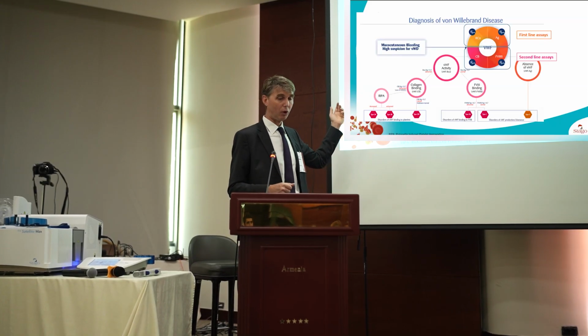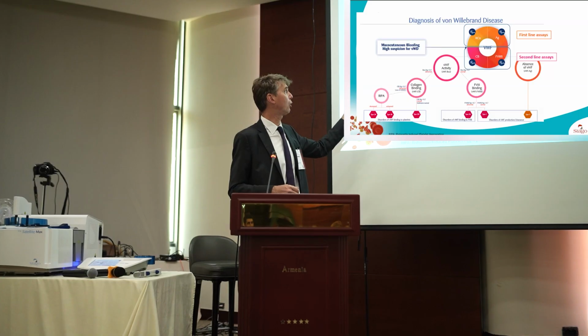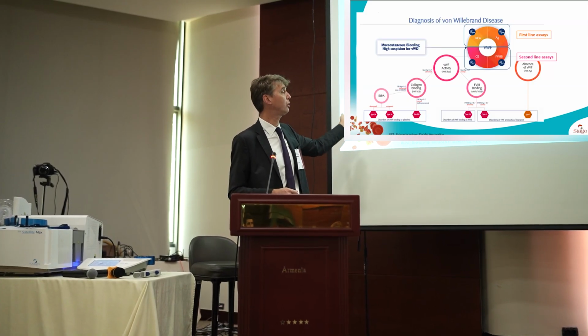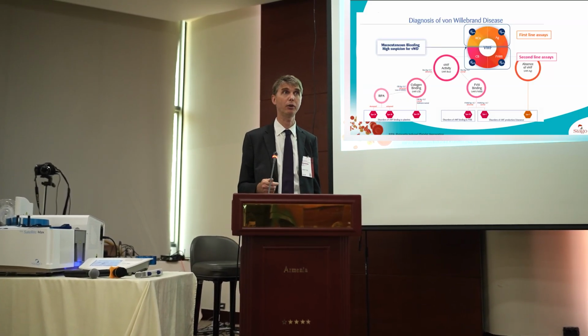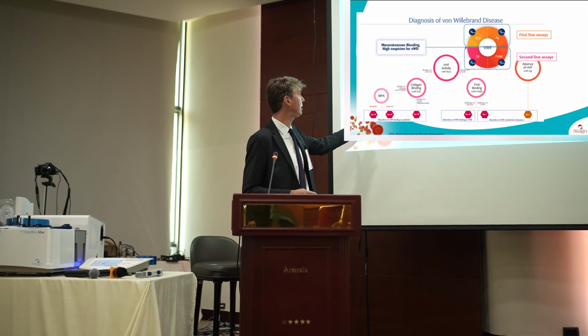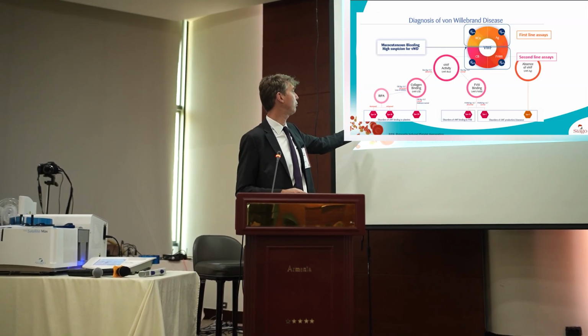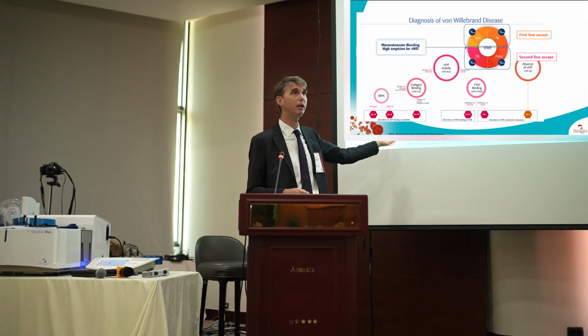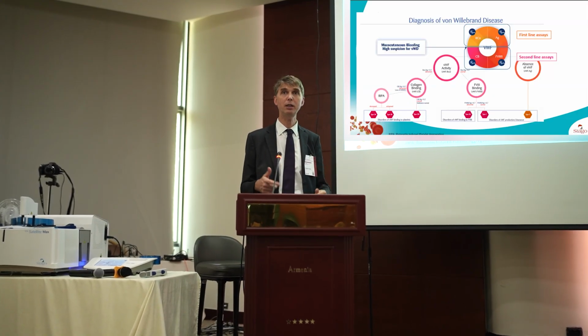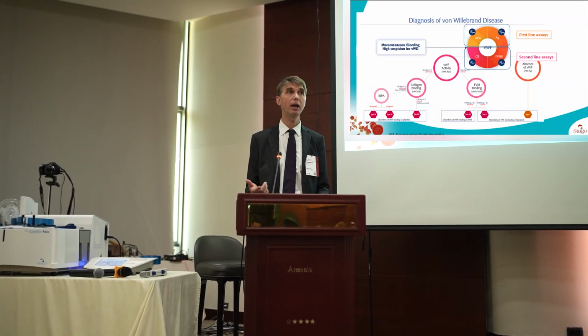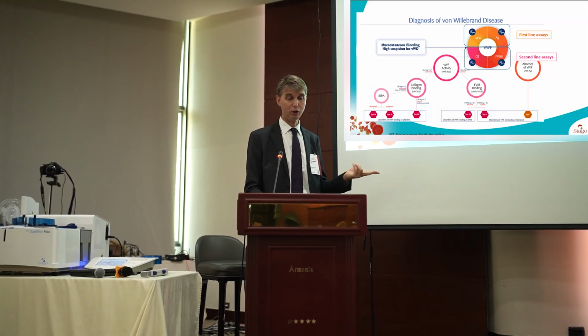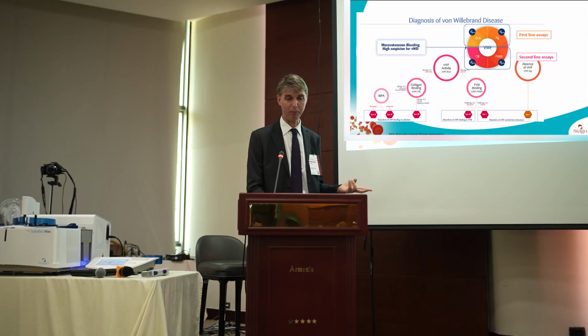Or you continue with collagen binding or ristocetin-induced platelet aggregation. Okay? And in this specific case, to be able to distinguish type 2A from type 2B, you need the ristocetin-induced platelet aggregation that is performed on the thromboaggregometer. So this is the second reason to use a thromboaggregometer.